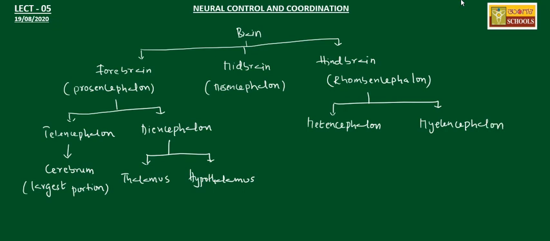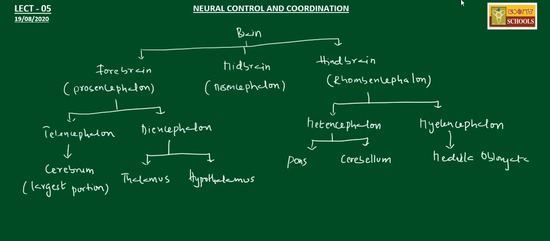This metencephalon includes two parts: the pons varoli, and the cerebellum. This is considered as a small brain. Then the myelencephalon is the medulla. It consists of medulla oblongata.